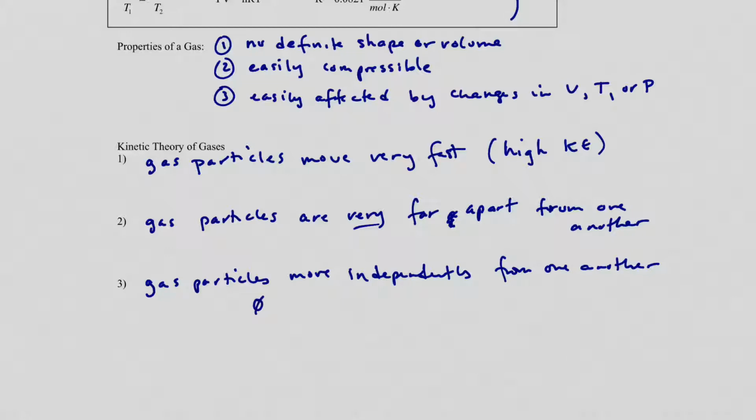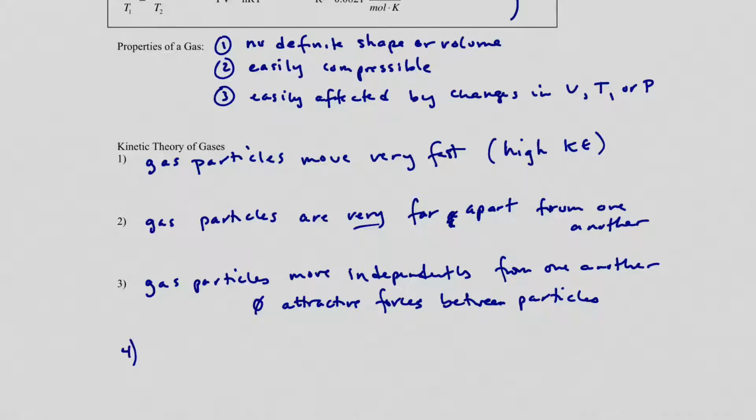There are zero attractive forces between the particles, which should make sense because if there were strong enough attractive forces between the particles, then the particles would be close together. So we are making those two points side by side. Zero attractive forces between particles, and therefore the gas particles don't need to be close together. They'll end up being very far apart, and therefore they can move independently from one another.